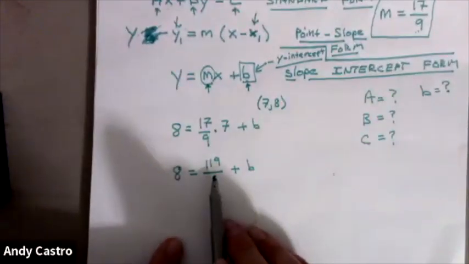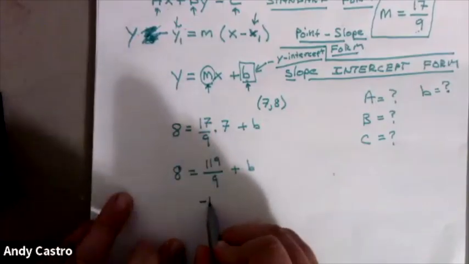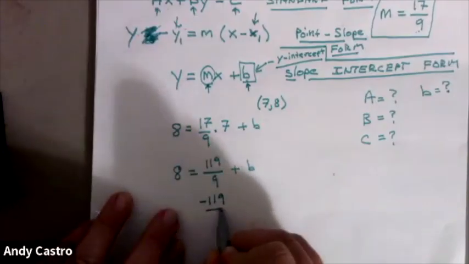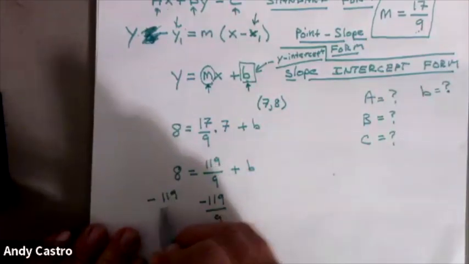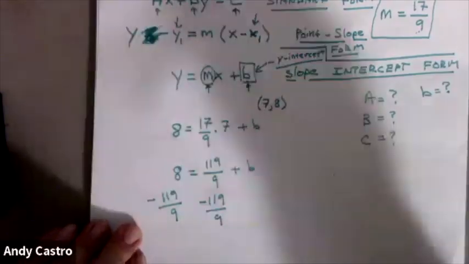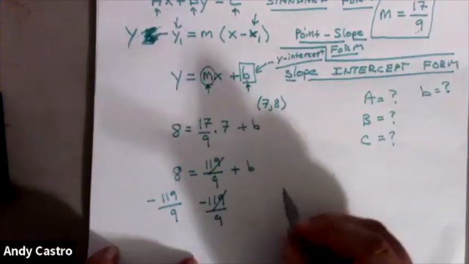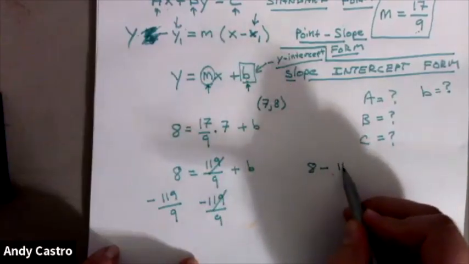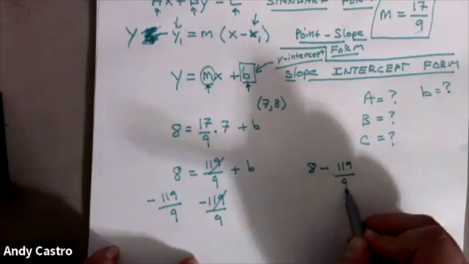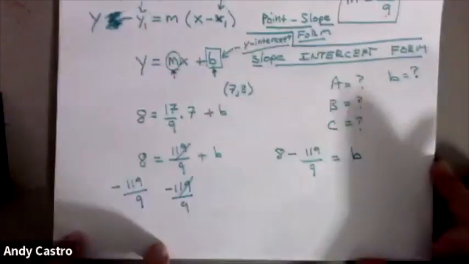Now I can subtract the 119 over 9 from both sides. What I'm left with is 8 minus 119 over 9, and all that's equal to b.